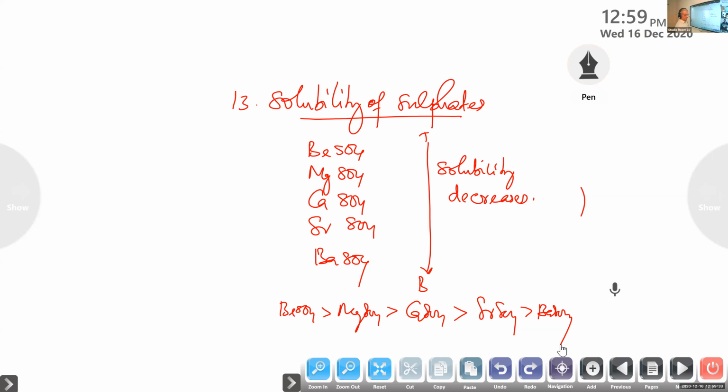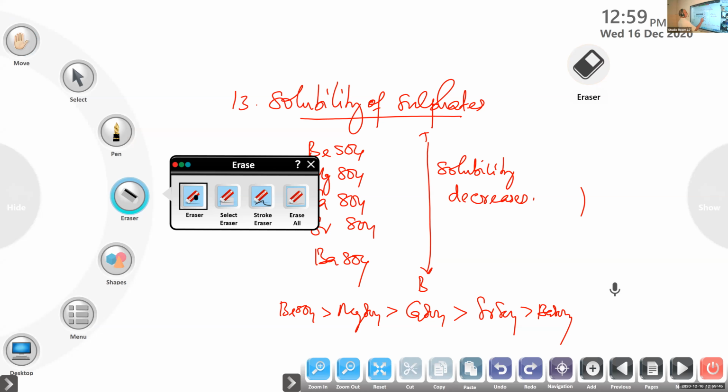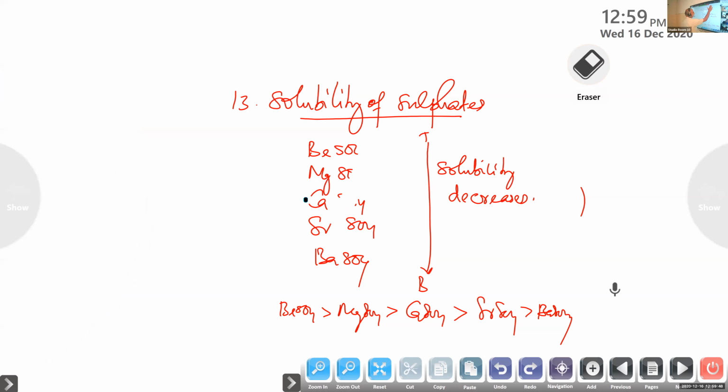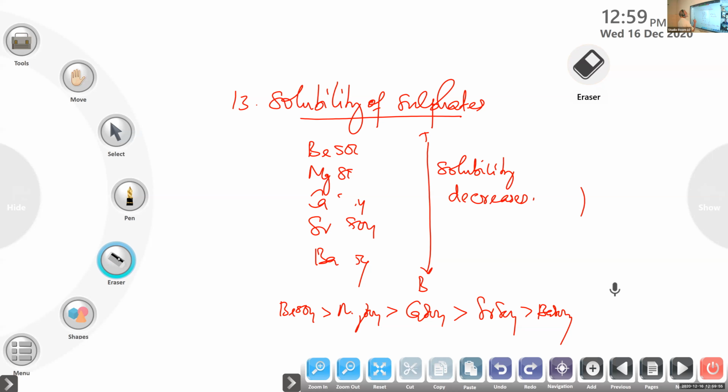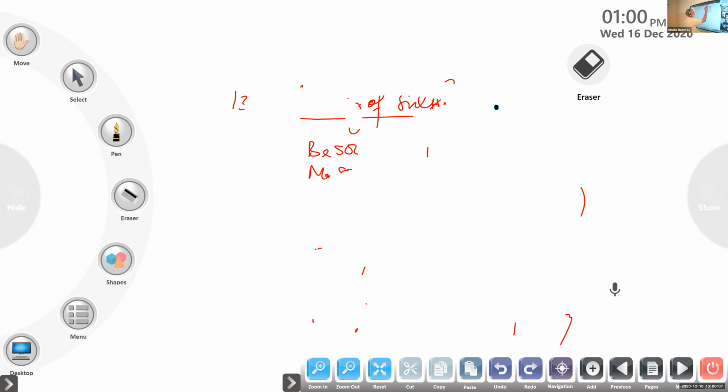Let us think of the solubility of the hydroxides. So next point, we take solubility of the metal hydroxides. We can see that the solubility of the metal hydroxides increases down the group.